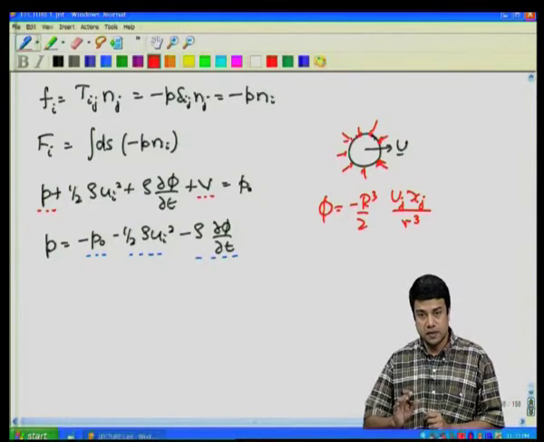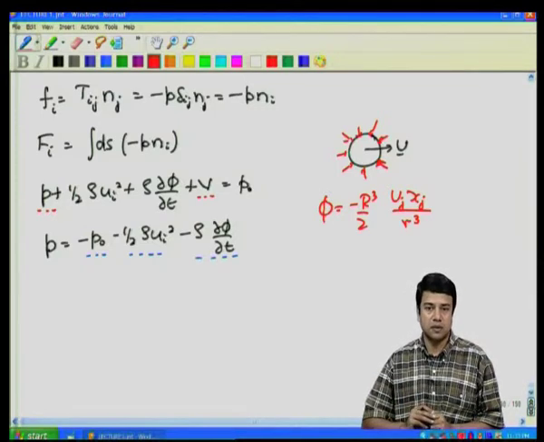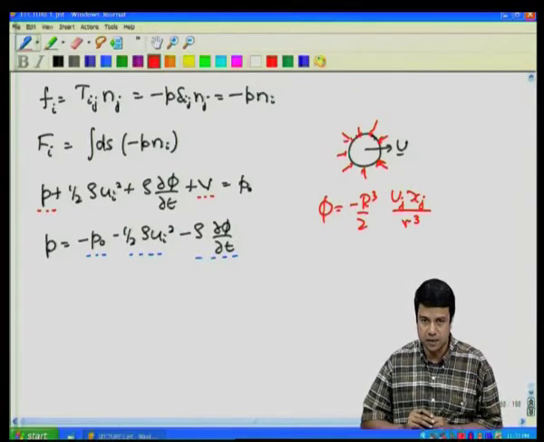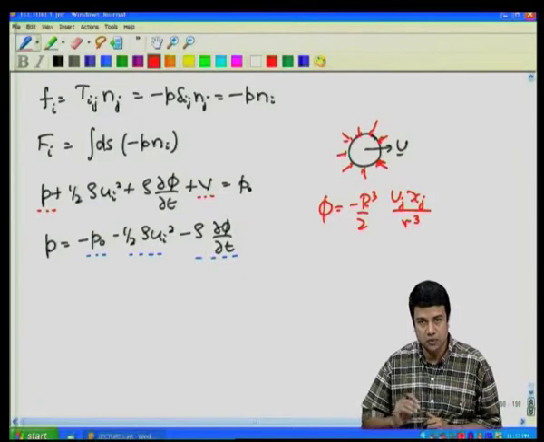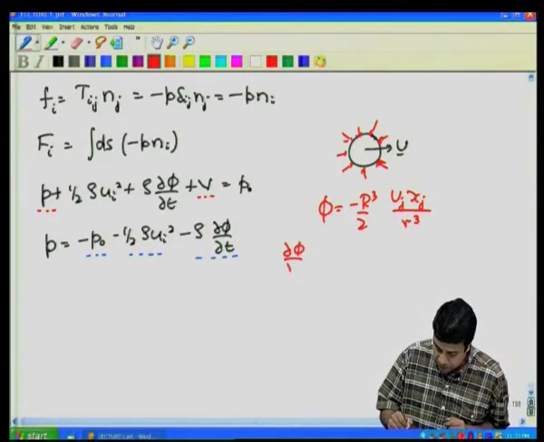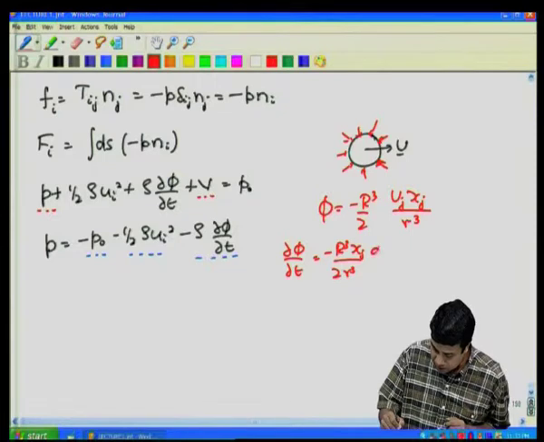Of course, the velocity u could be dependent upon time, and therefore, you could get a time dependence in the equation for the pressure, because in d phi by dt there could be a contribution due to the velocity itself. So, I could have a contribution of the form d phi by dt is equal to minus r cubed x j by 2 r cubed times du by dt.